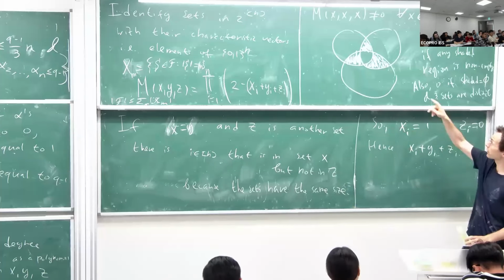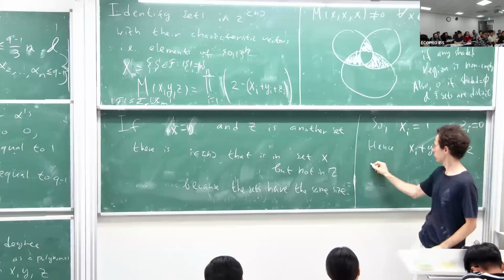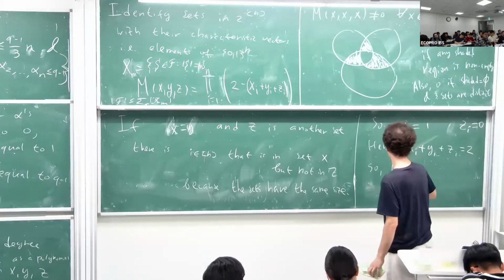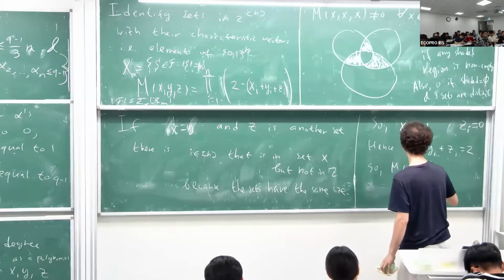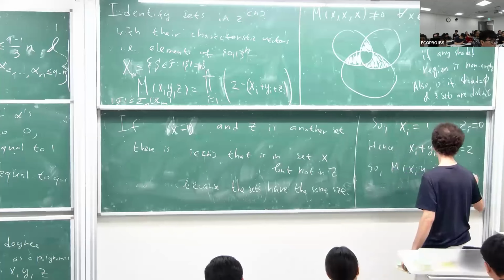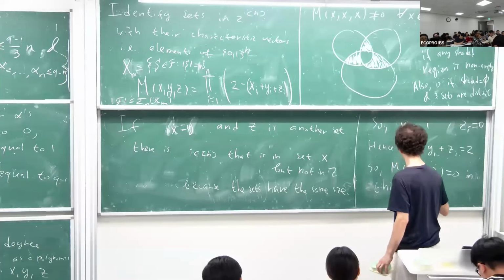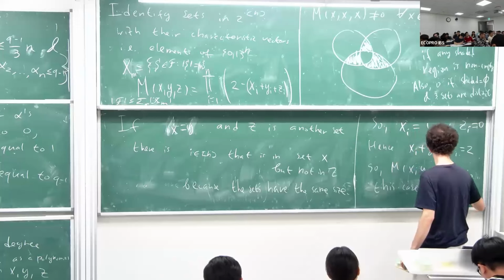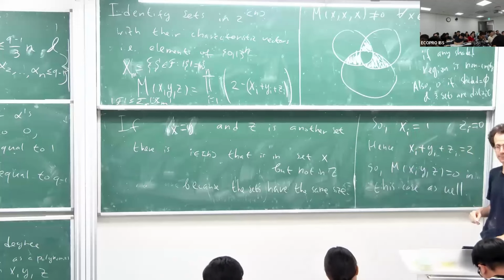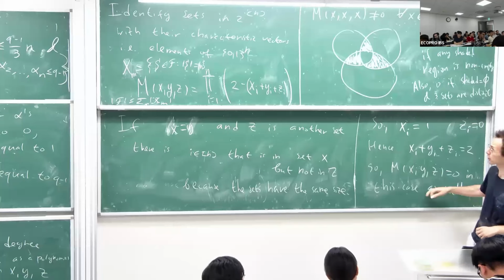And so this whole thing is again 0. And so M of x, y, z is equal to 0 in this case too. Right. And this is where I'm using that my sets have the same size.